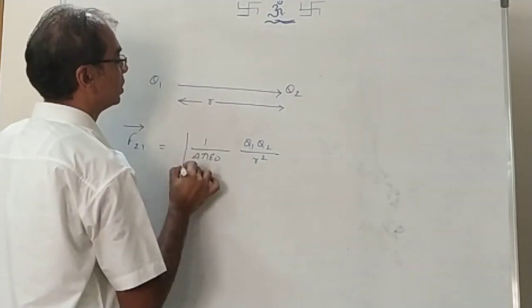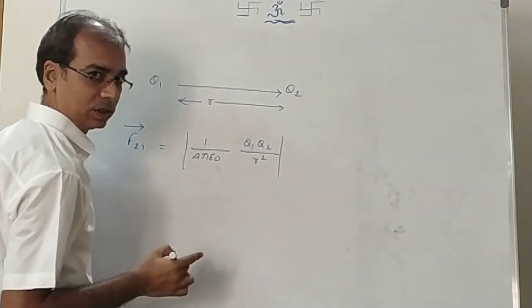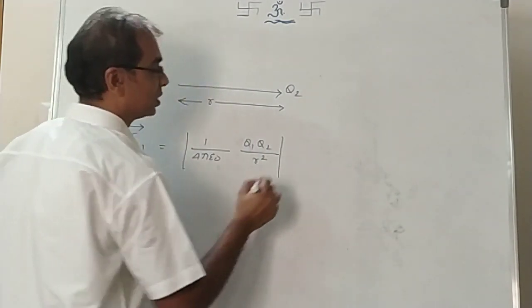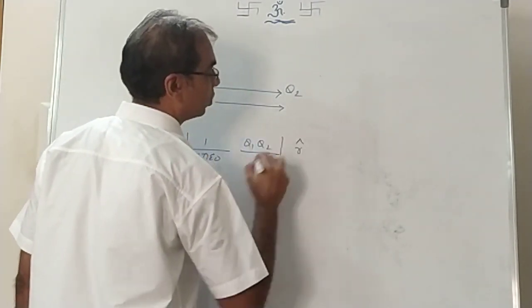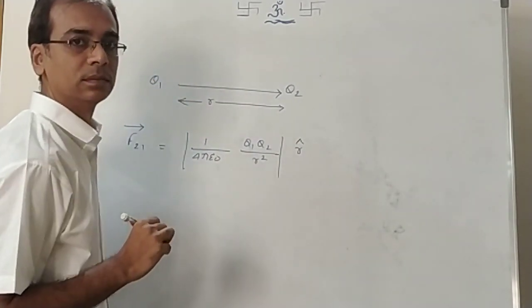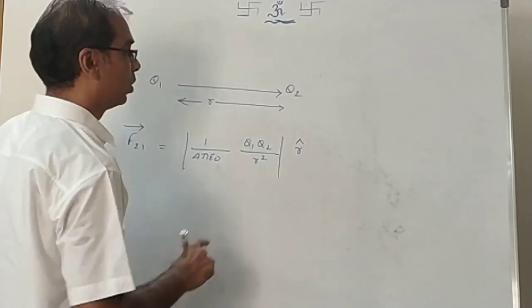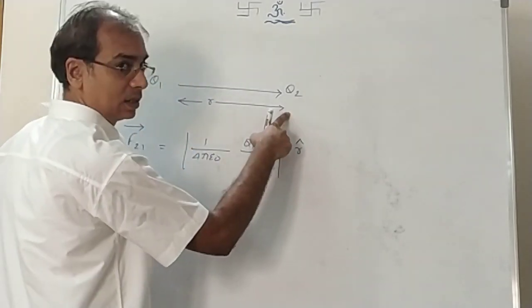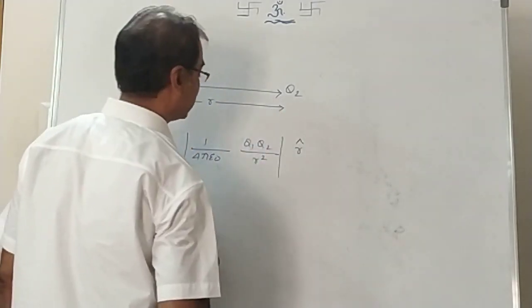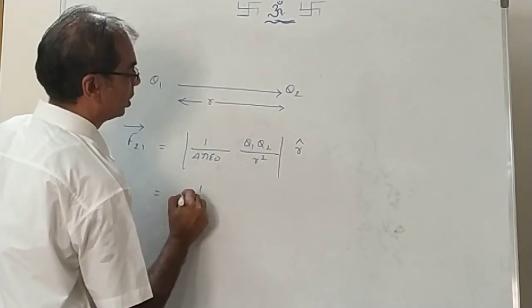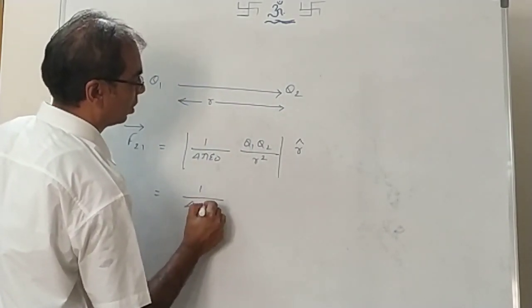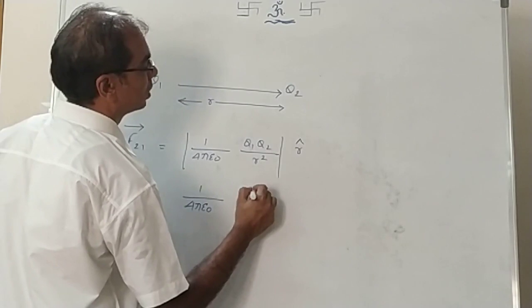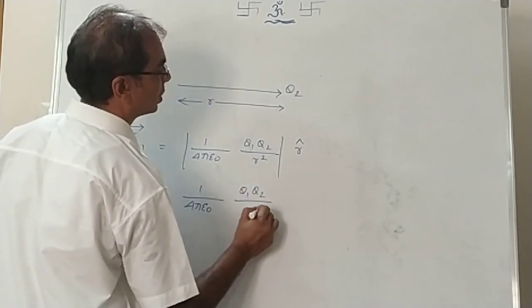This is magnitude. How to give the direction? Direction is given by unit vector. Now what is unit vector over here? R cap. R cap is the unit vector. Now how to write this R cap? We know that this can be written as 1 by 4 pi epsilon naught Q1 Q2 by R square.